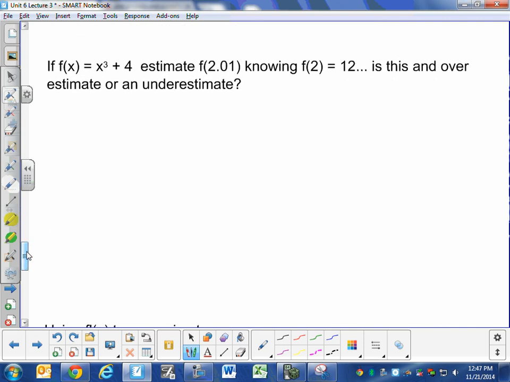So let's look at this guy. There's a function, x cubed plus 4. I want you to estimate that function at 2.01, knowing that f of 2 is 12. And I want you to tell me if the approximation that you produce is going to be over or under my actual value.